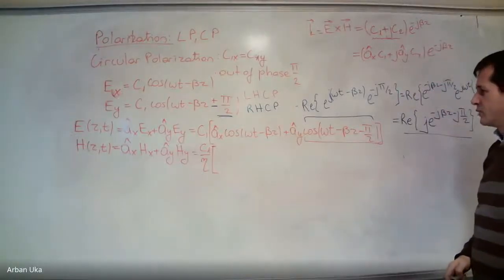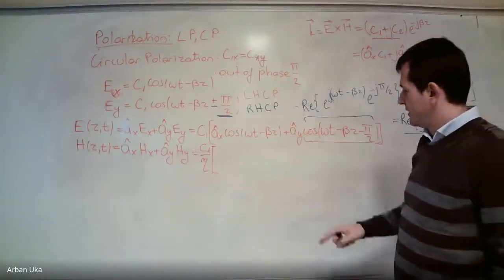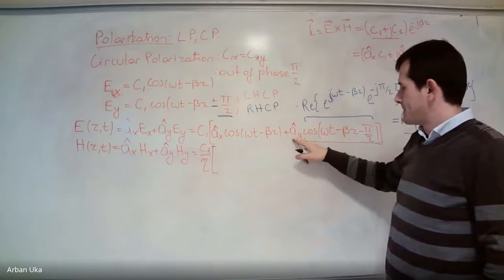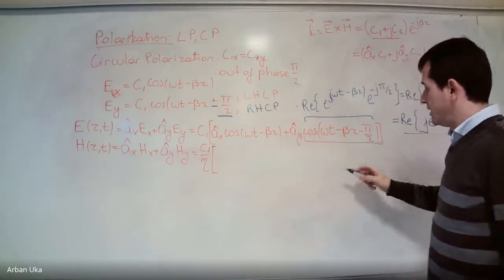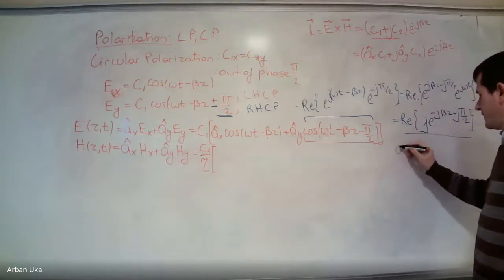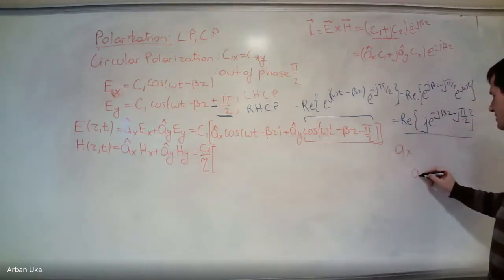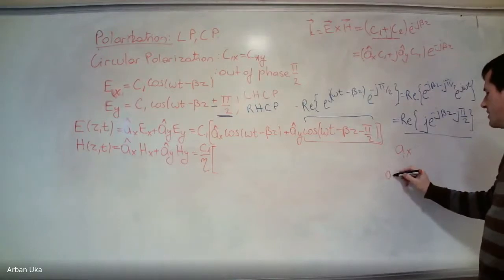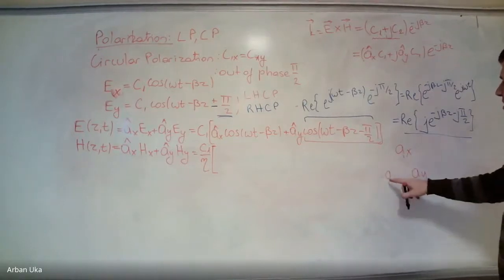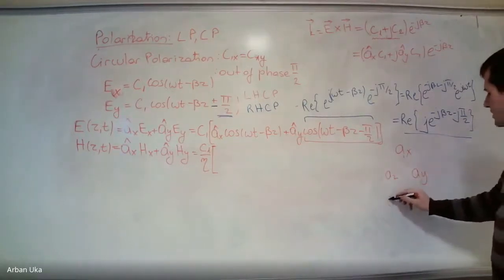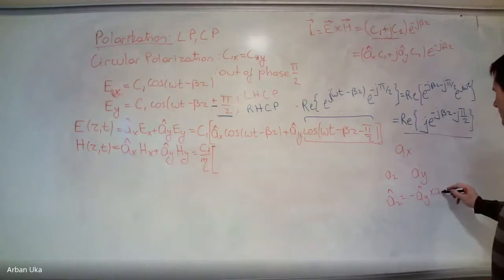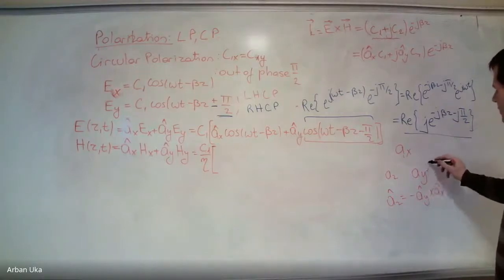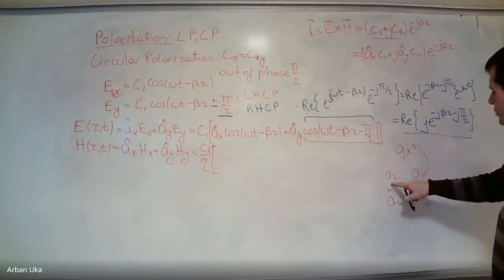Now, if the wave is moving along z, how can we get a plus z if we take a_y times what? Here we have a_x, this is a_y, and this is a_z. If the wave propagates in this direction, a_z would be equal to minus a_y cross a_x, because we are moving counterclockwise and we should get a plus.